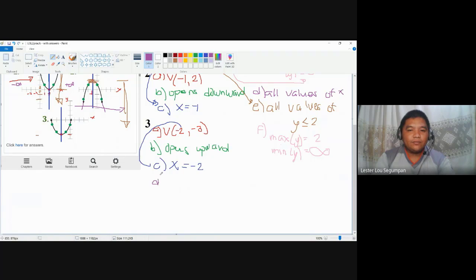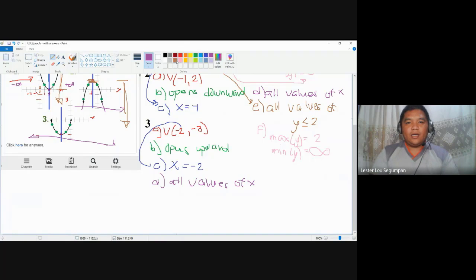Letter D, domain, looking from left to right, all values of x. And then E, the range, again will be declared by this, because this is now the values for y. But here it did not reach the bottom, it just simply opens upward.